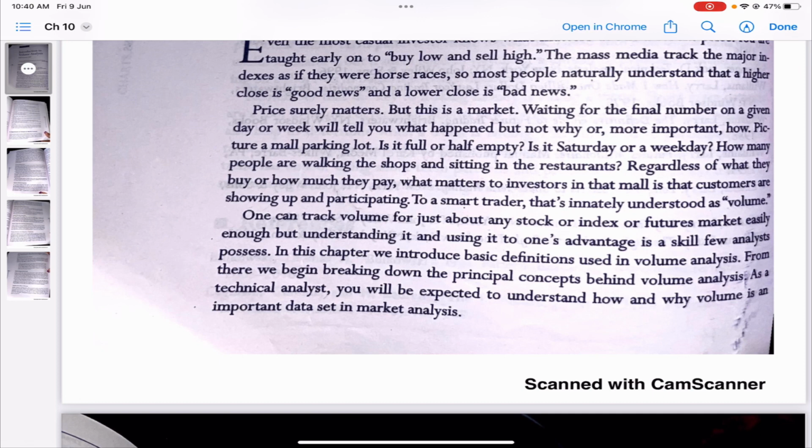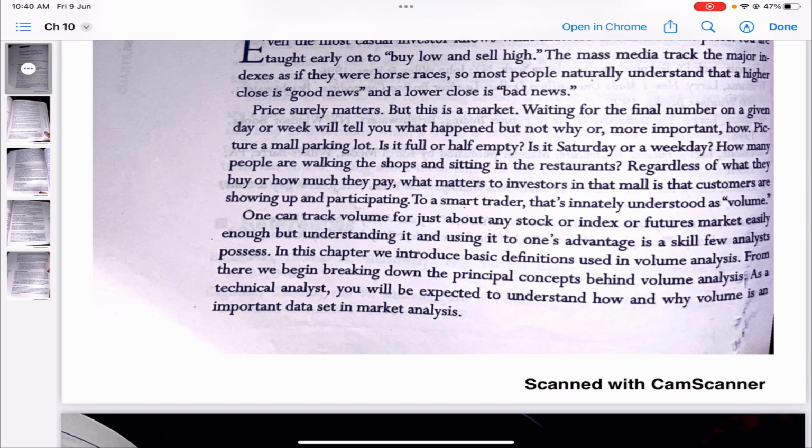So how much are people interested in it? That is something which we are going to see. Yes, the price gave a breakout, but are the people really interested to participate in it? Is it having some good participation?